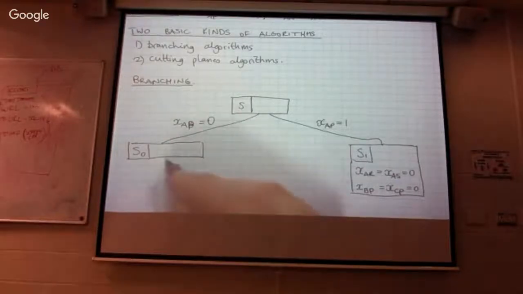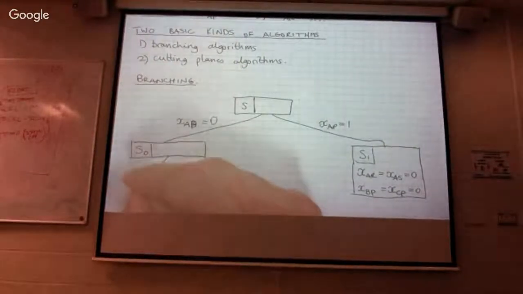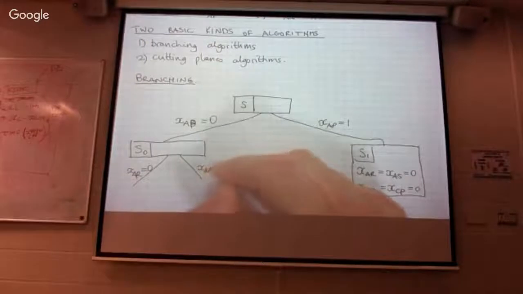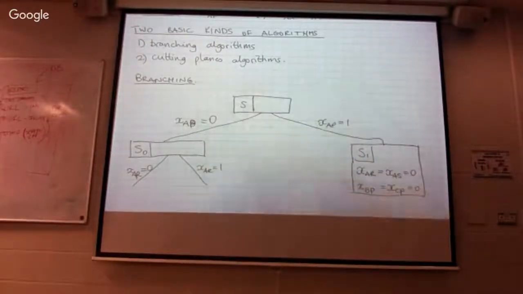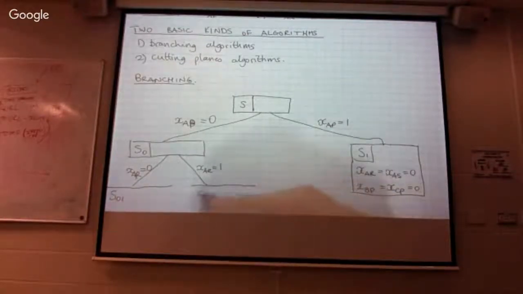We can pick another variable. For some reason here, I've picked XAR. So either it's 0 or XAR can be 1. And this gives me problem S00, and this gives me problem S01.